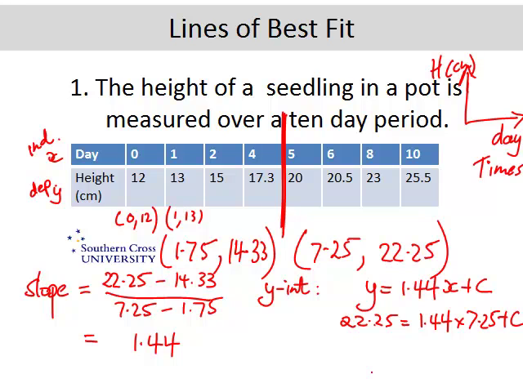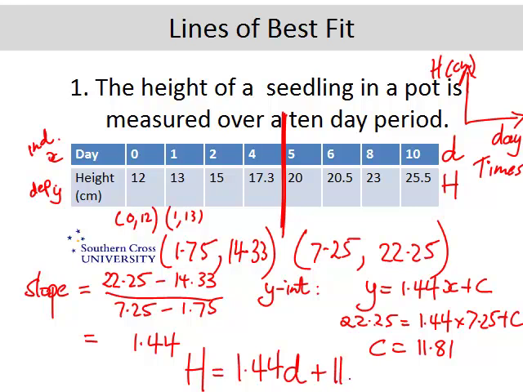Rearranging that, we know that c will come out at 11.81. Using the pronumerals h for the height of the plant after d days, the equation will be h equals 1.44d plus 11.81.